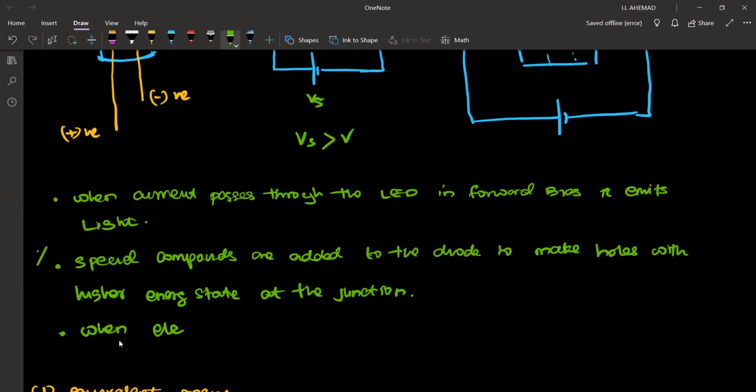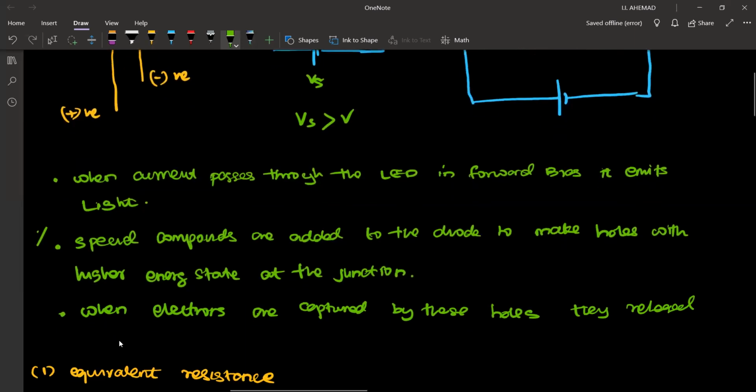When electrons are captured by these holes, they release heat plus light, heat and light.